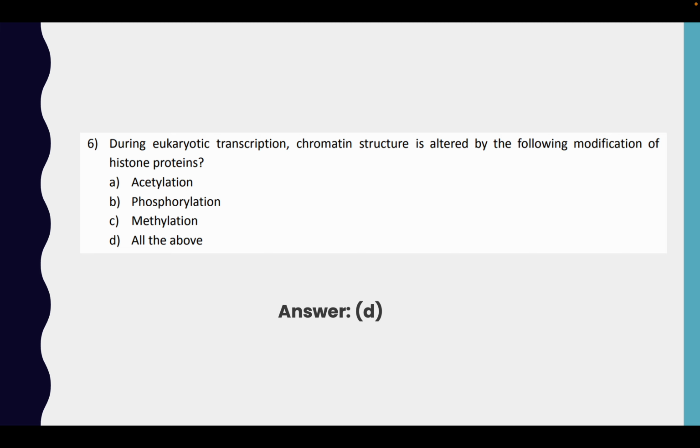Okay, it phosphorylates and dephosphorylates the further downstream proteins. So phosphorylation is associated with transcriptional activation. Now coming to methylation, depending on the specific site of methylation, it can either promote or repress transcription.